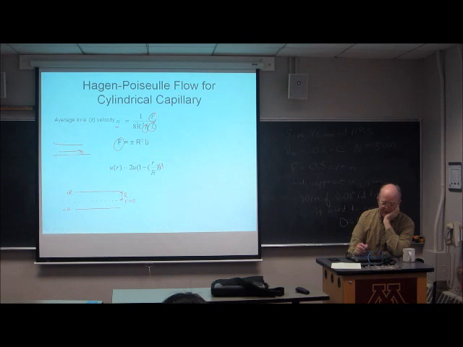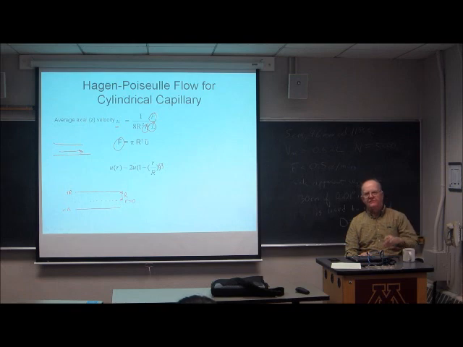And we have 1 minus 1 is 0. There is no axial velocity at the wall of the tube. The fluid right adjacent to the wall under what we call the no-slip boundary condition is 0.